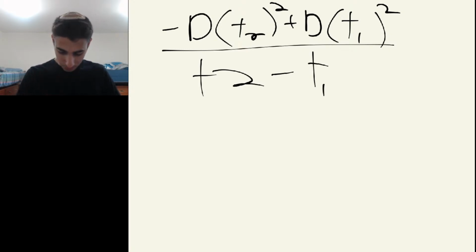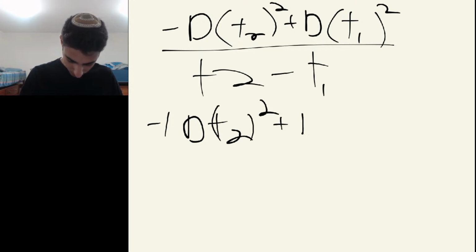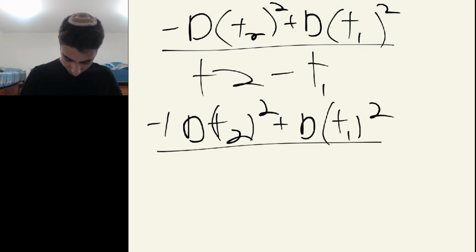So we can get a negative 1 out, so negative 1 times negative 1 d t sub 2 squared plus d t sub 1 squared over t sub 2 minus t sub 1.